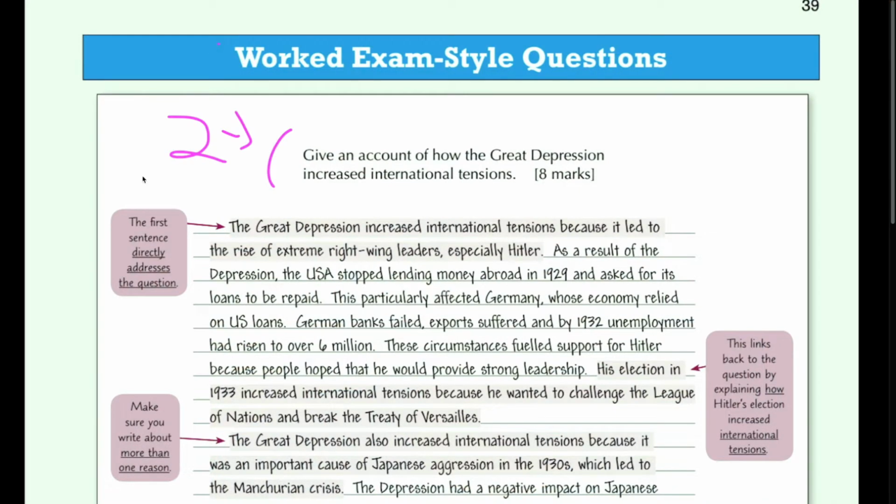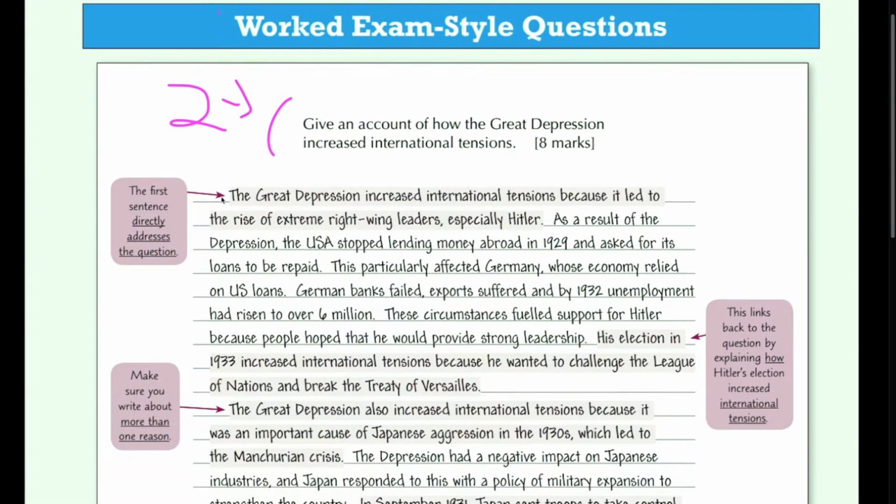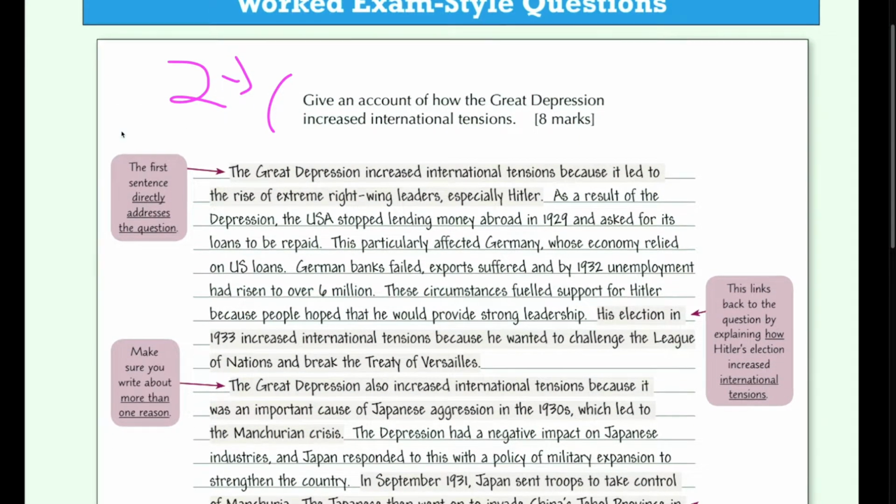What is the connection between this depression and the rise of these tensions? Okay, so let's analyze that. Moving on, I'm gonna do the full reading, and then I'm gonna make some comments on the notes, and then we go to the next ones.